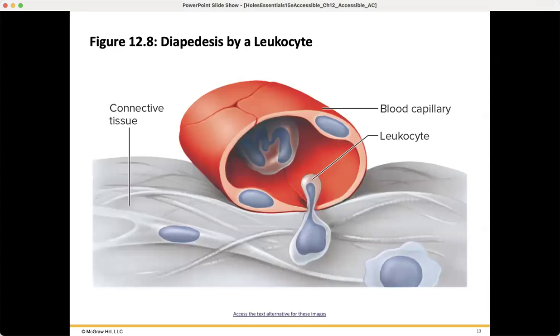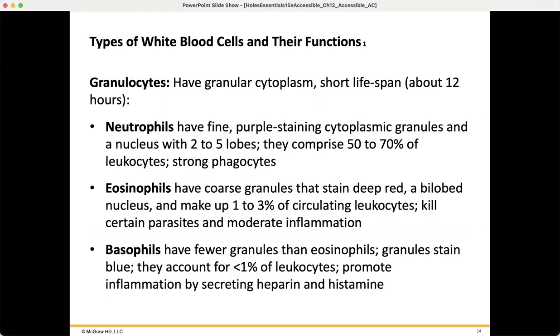This is just what diapedesis looks like. It's actually a fairly good graphic, right? So we have a leukocyte, general white blood cell, squeezing between the lines of these capillaries, right, to go into tissue, diapedesis. So let's get into the 5 types. So not only are there 5 different types of white blood cells, but they're separated into 2 categories. 3 of them fall into the category of granulocytes, and these are white blood cells that have granules inside of them.